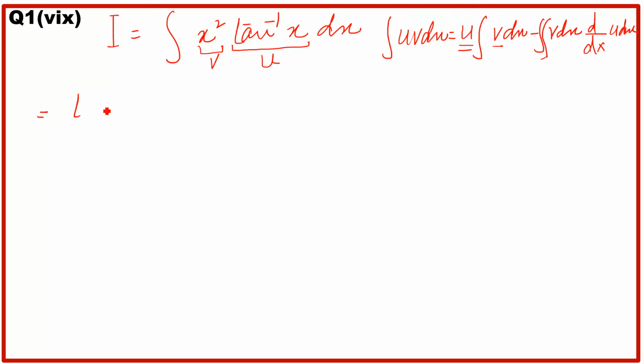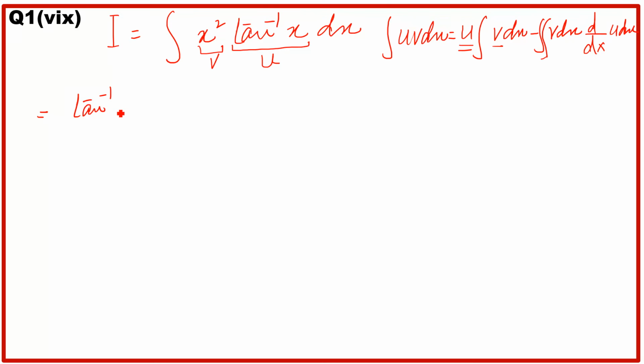Why will we consider the inverse trigonometric function as the first function? Because here we have to take the derivative, and when we take the derivative of an inverse trigonometric function, it will convert to an algebraic expression.